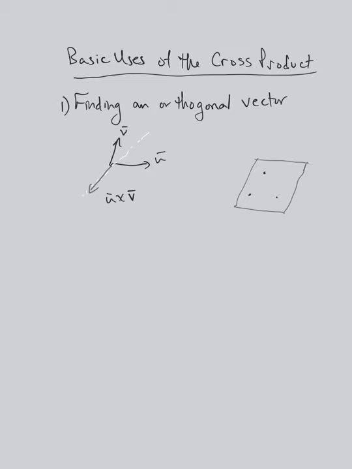We'll talk about that later. But the way you can get that orthogonal vector is just to take one of the points to be the common tail, and then form 2 vectors from that using the other 2 points. And then whenever you find that cross product, you'll get this vector. This one's kind of hard to draw for me, but you'll get this vector that points up, and that is orthogonal to that plane. Okay.